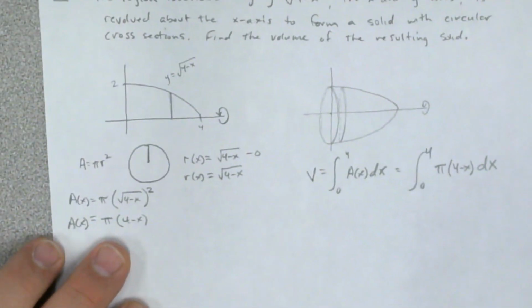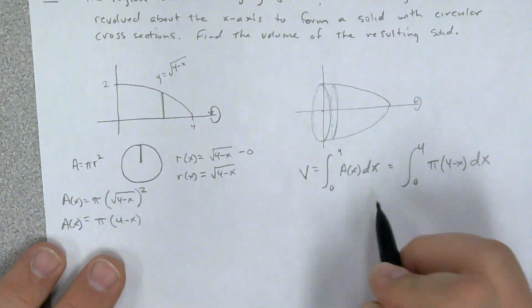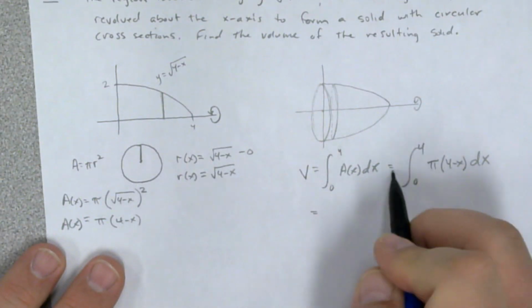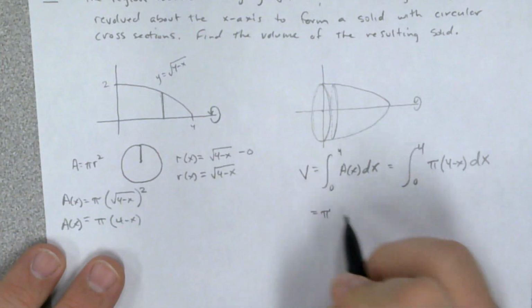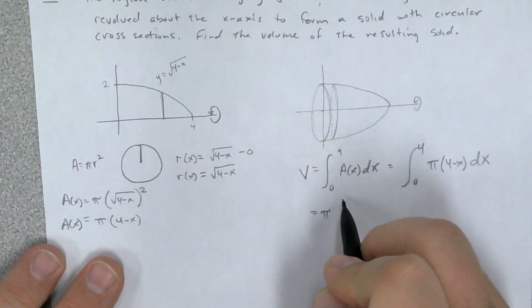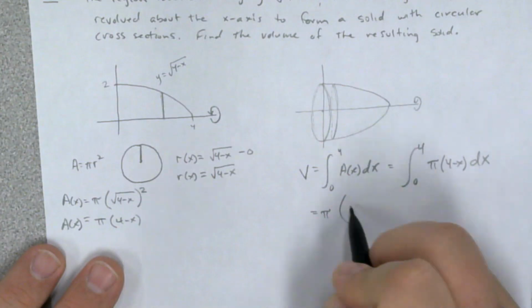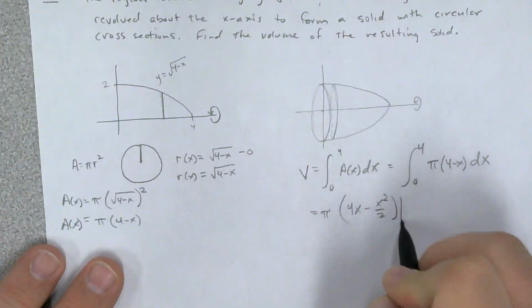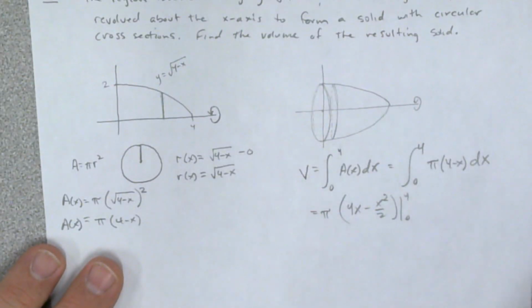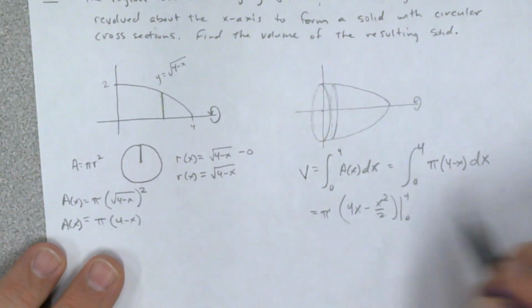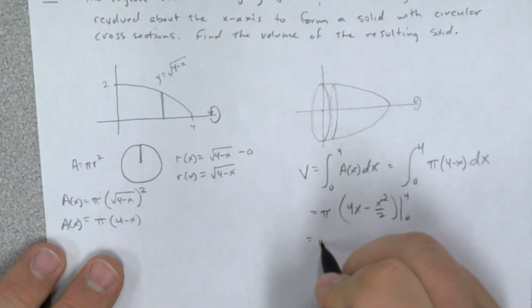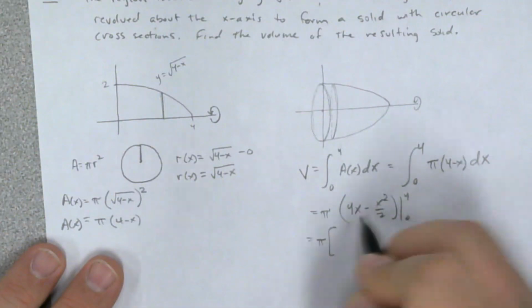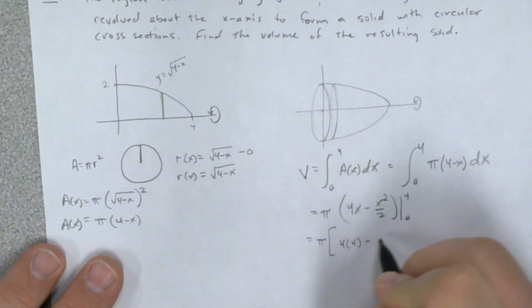At this point, we can work this out by hand. Pi is just a constant, and it'll be that times 4x minus x squared over 2, evaluated from 0 to 4. The pi is, again, just the constant out in front, and it's the upper minus the lower.